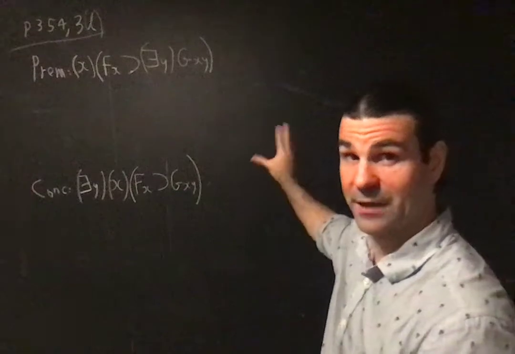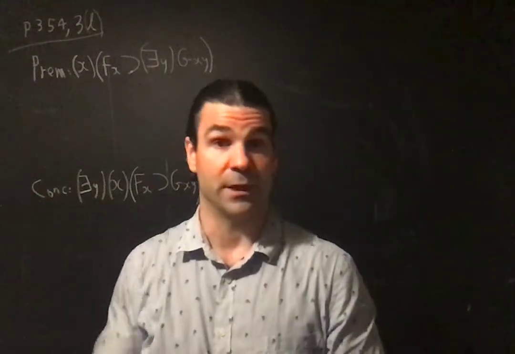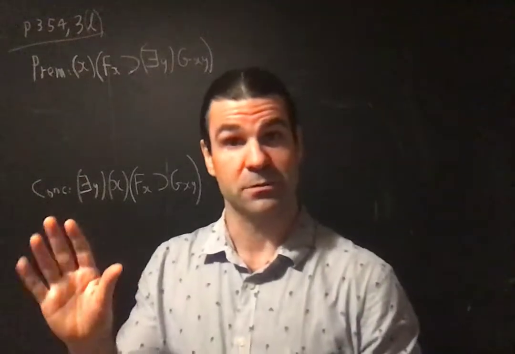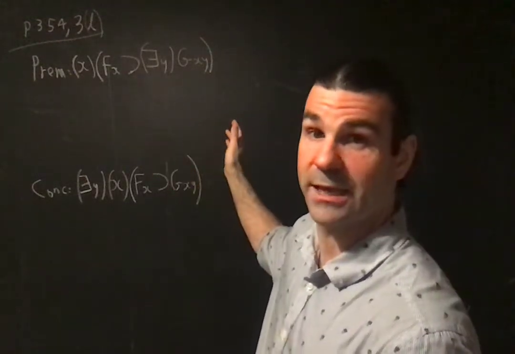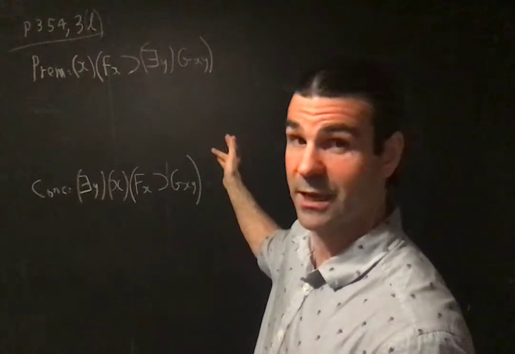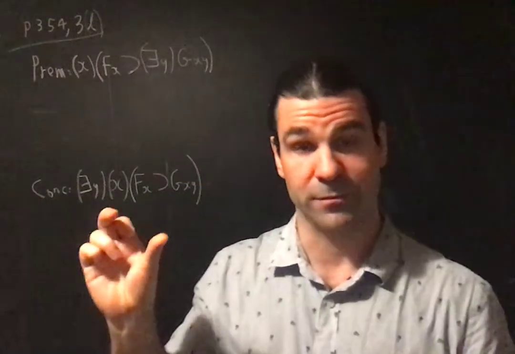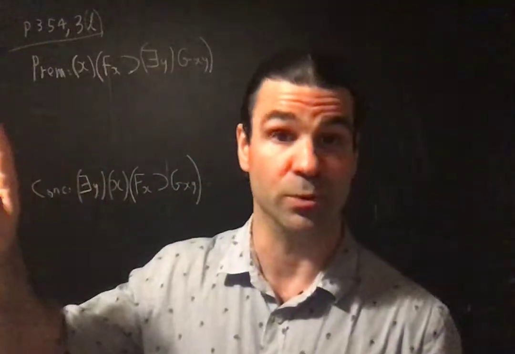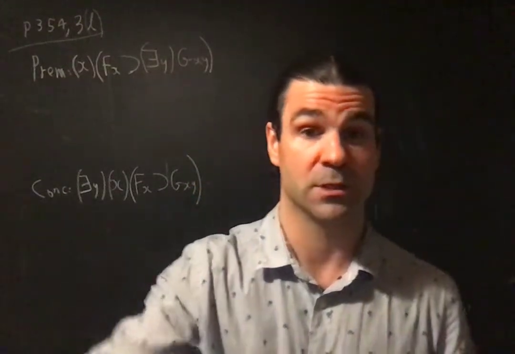First of all, we expand the formulas, as we did and will do again here, and then assign truth values to the atoms, which in this case are things like FA, GAA, GAB, GBA, GBB. Those are the atomic formulas that are assigned true or false. And we're trying to find an assignment which makes the premises true and the conclusion false.